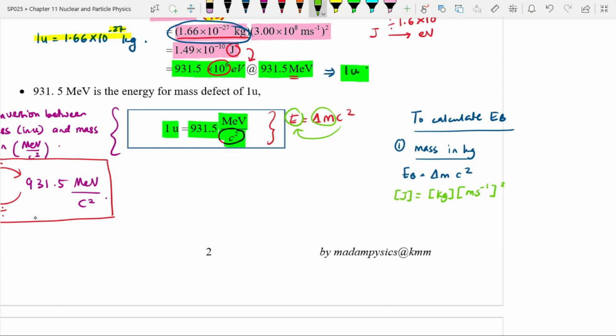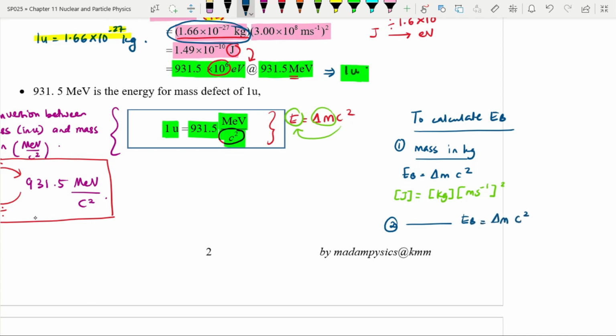Okay, tetapi bila melibatkan energy yang bukan dalam joule, iaitu mega electron volt ataupun electron volt, okay, kita ada dua method. Yang pertama, kita masukkan nilai, okay, formula dulu.